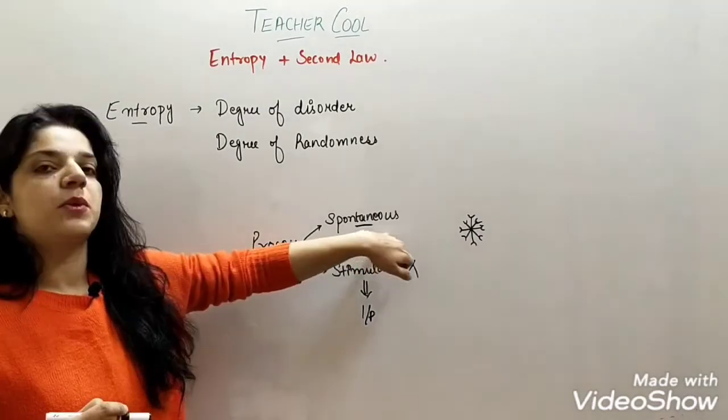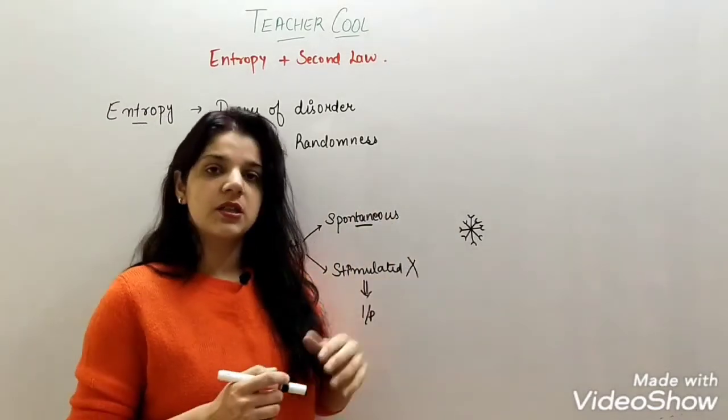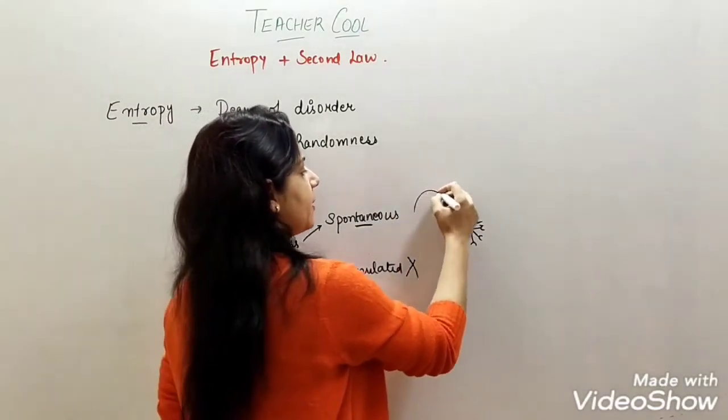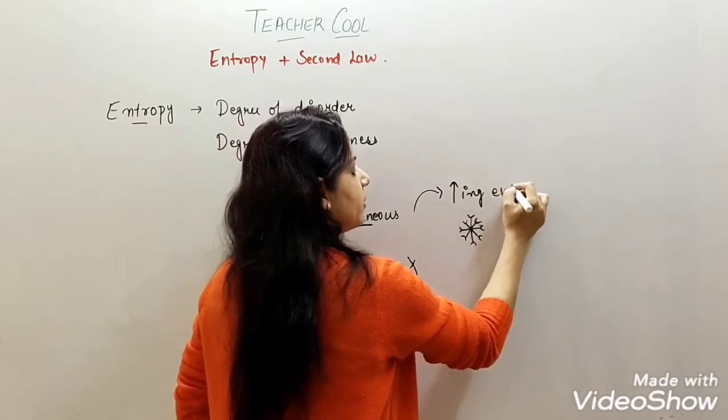So this is our spontaneous and stimulated processes. Every single process which is spontaneous is basically in turn increasing entropy.